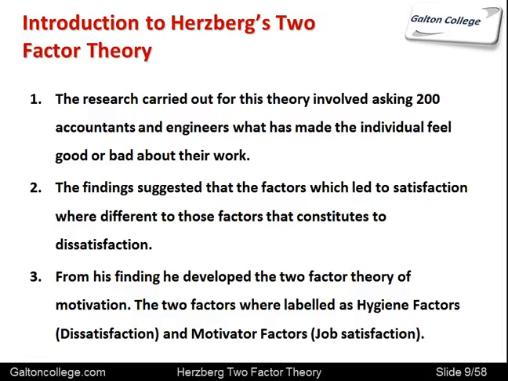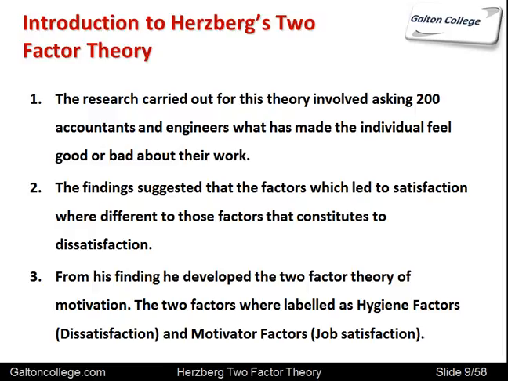From his findings, he developed the two-factor theory of motivation. The two factors were labeled as hygiene factors, dissatisfaction, and motivator factors, the job satisfaction. So we have two factors, factors which lead to dissatisfaction and factors that lead to job satisfaction.